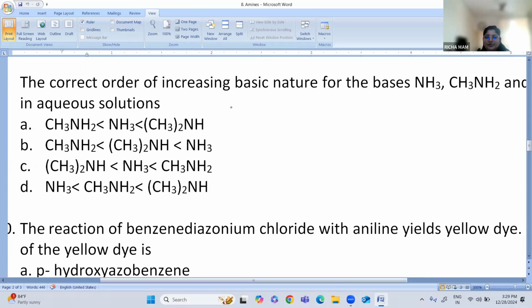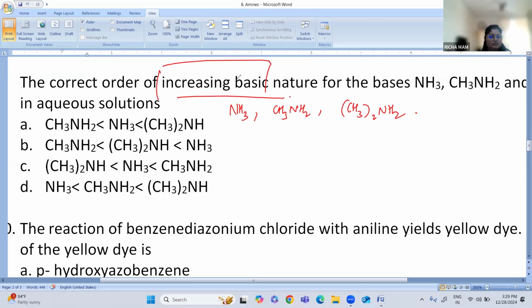That is your ammonia, then you have methylamine, and you have dimethylamine. So give the correct increasing basic nature.